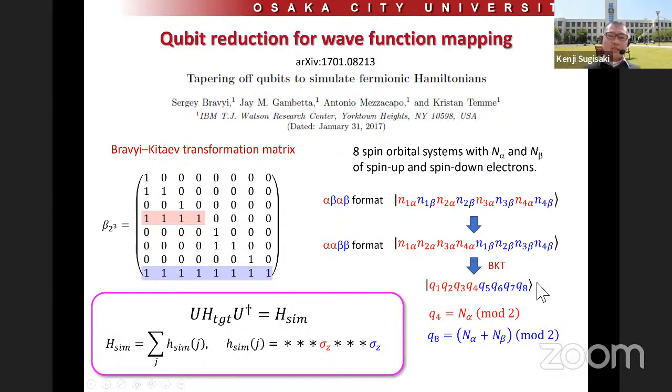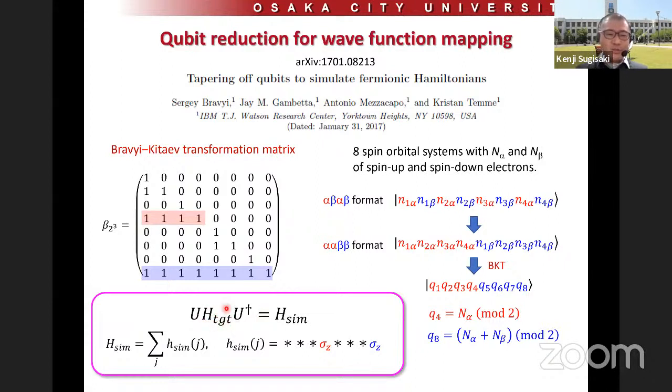In order to reduce the qubits, we have to rewrite the Hamiltonian also. So we think about this H_target, which corresponds to the target Hamiltonian of the target state.